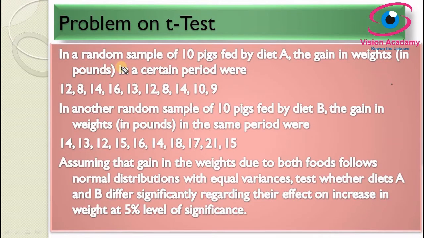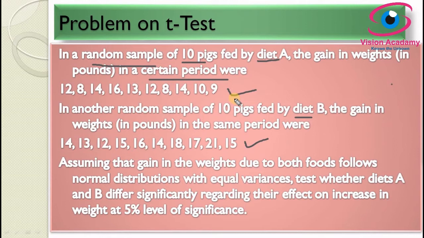Here in this problem, we have a random sample of 10 pigs fed by diet A, and the gain in weights in a certain period were recorded and are given in this problem. In another sample of 10 pigs fed by diet B, the gains in weights in the same period are also recorded and given to us.